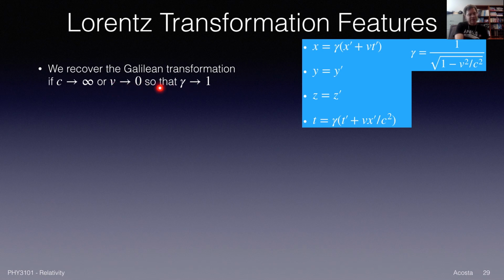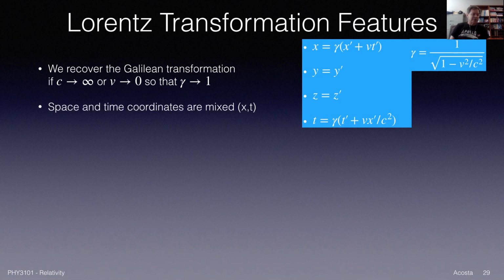Because in either way, gamma being 1 over square root 1 minus v squared over c squared, if v goes to 0 or c goes to infinity, this gamma just becomes 1, and I recover exactly the Galilean transformation. Even this term here on the right, with c going to infinity or v going to 0, goes away. So no surprise, we had the Galilean transformation before, because for velocities much less than c, we don't notice these effects.